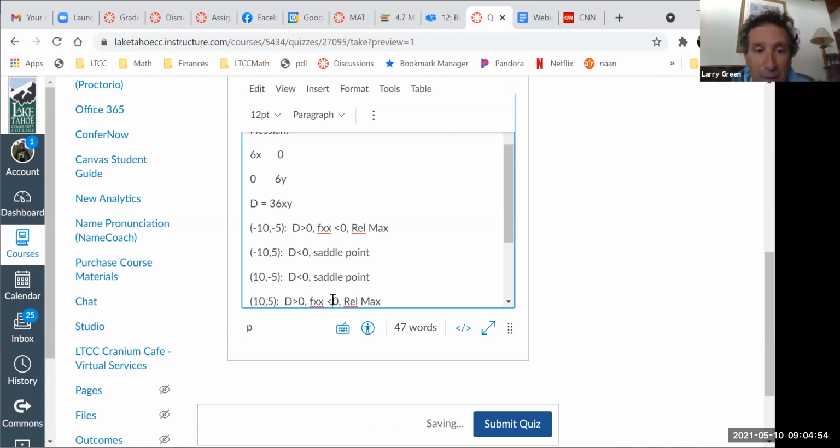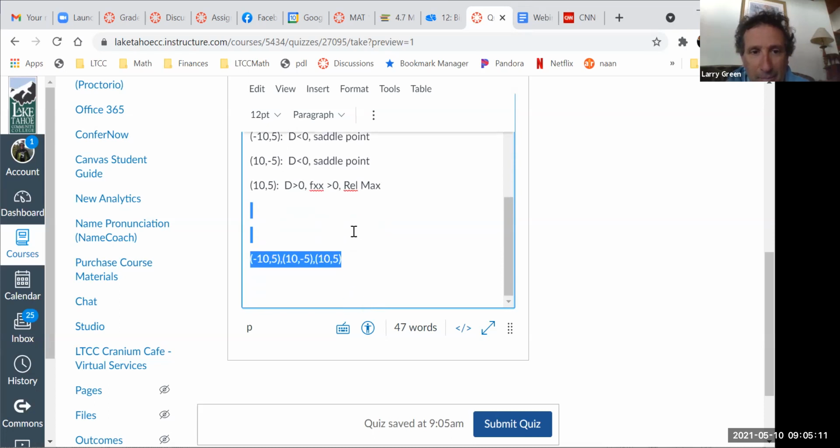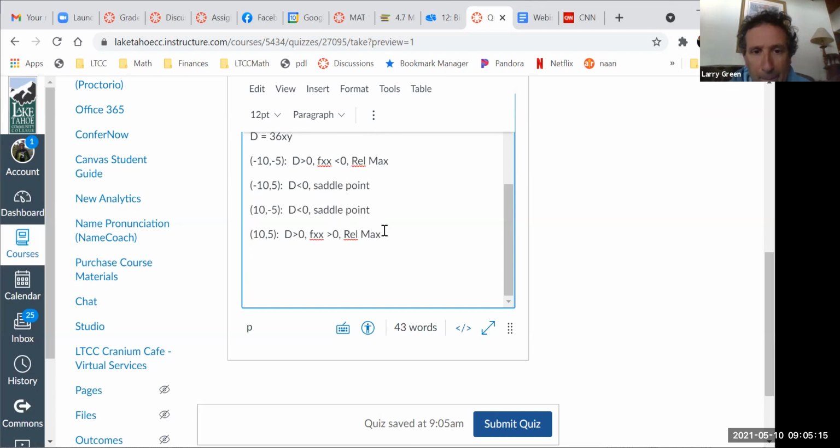Yeah, fxx is positive because remember it's 6x, which is just 60 in this case. So that's greater than 0. And when D is positive and fxx is greater than 0, then what do you get? Yeah, we get the relative min.